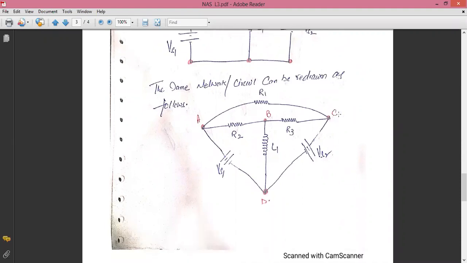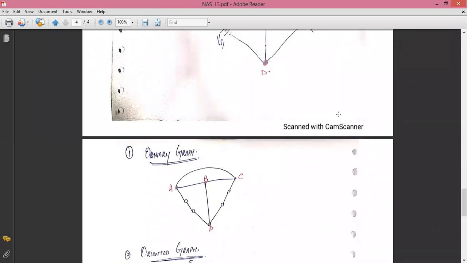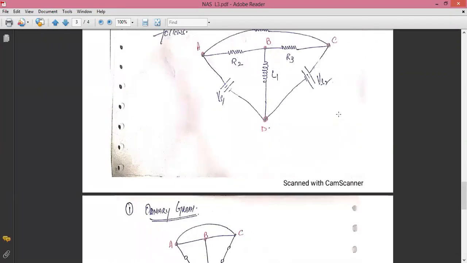So we have a circuit like this. Now you know, according to the flow chart, first of all a circuit is converted into an ordinary graph. Now see how this ordinary graph looks. You have A, B, C, D, 4 nodes present. In between A and B there is a branch, B and C there is a branch, B and D there is a branch, A and C there is a branch.